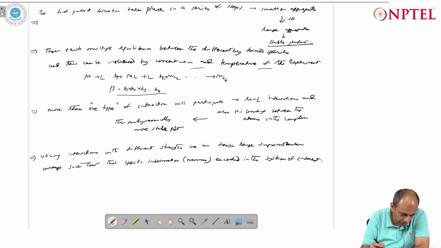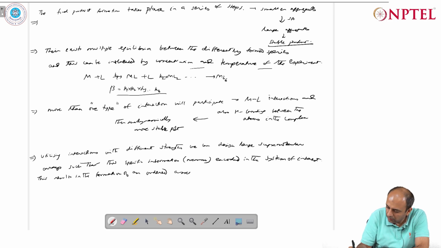Okay. This results in the formation of an ordered assembly in a particular manner to form the thermodynamically stable product.